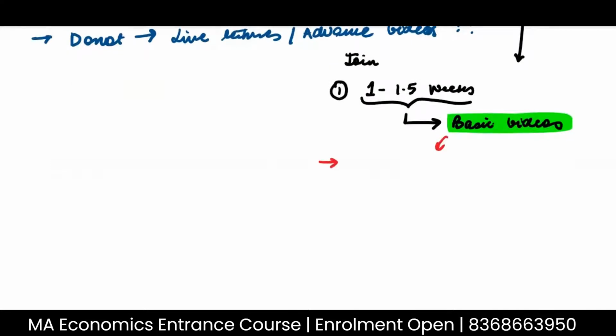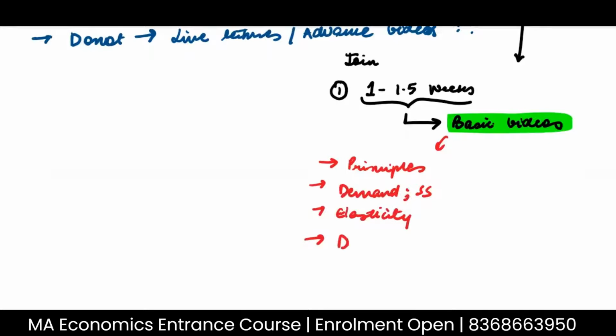Now, when you go and see these basic lectures, they will have everything. It will have what are the 10 principles of economics. It will have what is demand, what is supply, what is elasticity of demand, what is deadweight loss, what is consumer surplus. It will have some very, very small, minute part of international economics also.